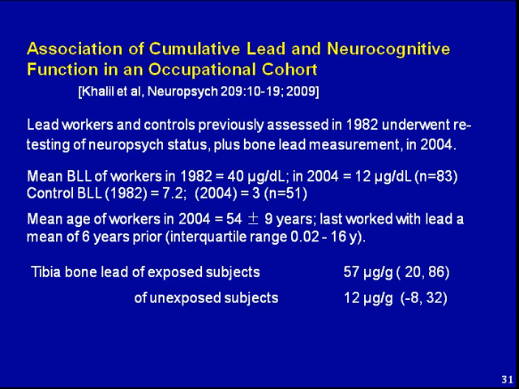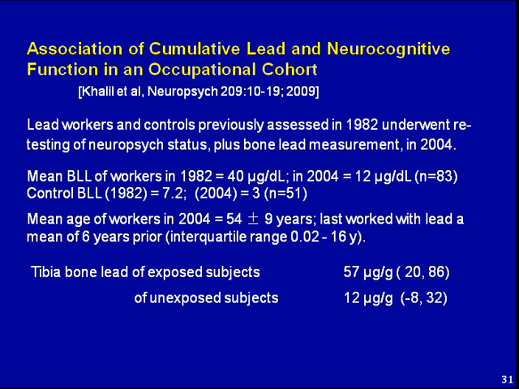You can see that the blood lead concentration in 1982 among the workers was 40 micrograms per deciliter, and by 2004, it had fallen to about 12 micrograms per deciliter. And in fact, most of these individuals were no longer being exposed to lead at that time.